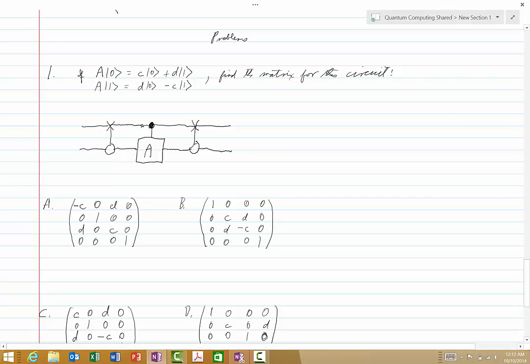In the first problem, it's given that A acts on the zero state by transforming it to C times the zero state plus D times the one state, and A acts on the one state by yielding D times the zero state minus C times the one state. So given that information, find the matrix for this circuit.